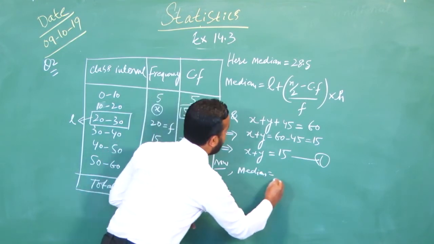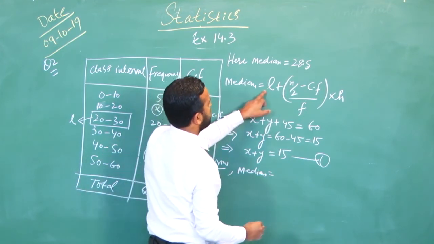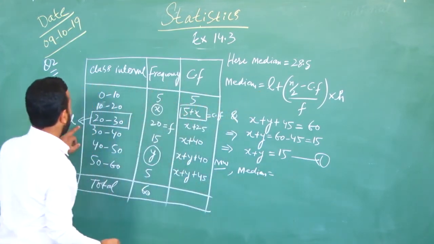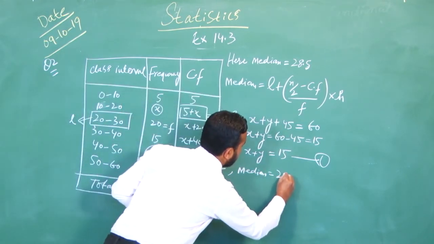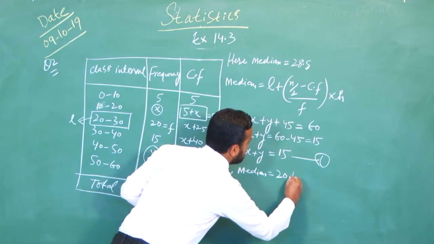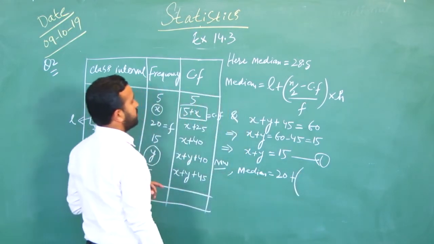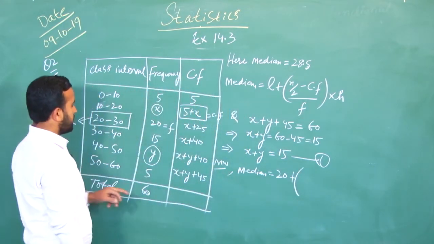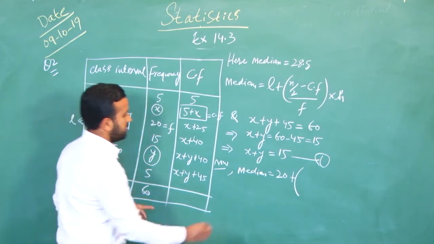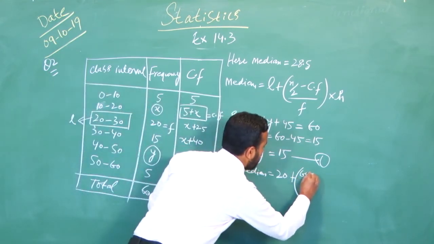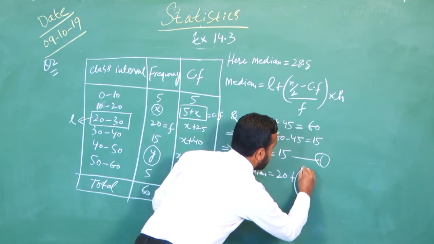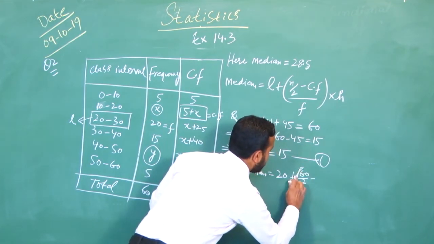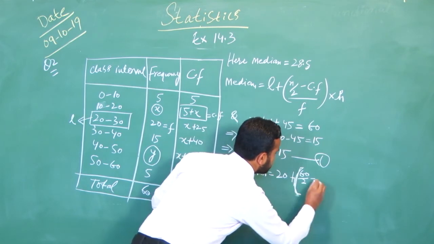Median of the data: L is the lower limit of the median class, that is 20 here, plus n by 2, where n is the sum total of the frequency, that is 60 by 2, minus the, we can use the square bracket here, as we have to insert one more bracket inside.